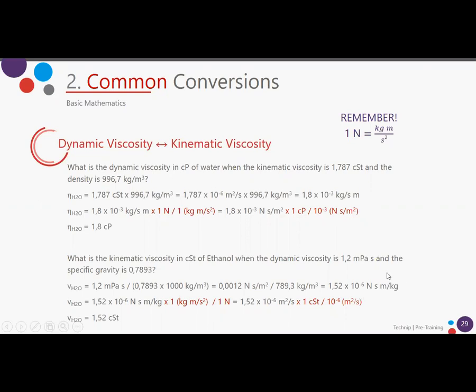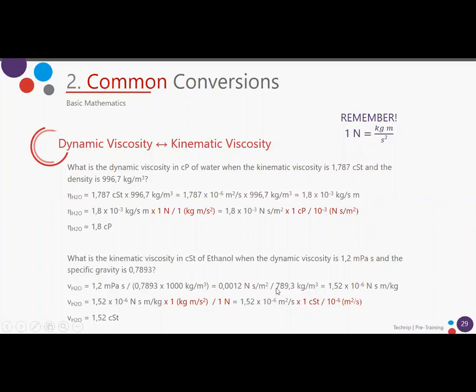And in order to get to the units we want, to get at the end to centistokes, we again multiply with Newton. So we know that 1 kilogram meter per square seconds divided by 1 Newton is 1.